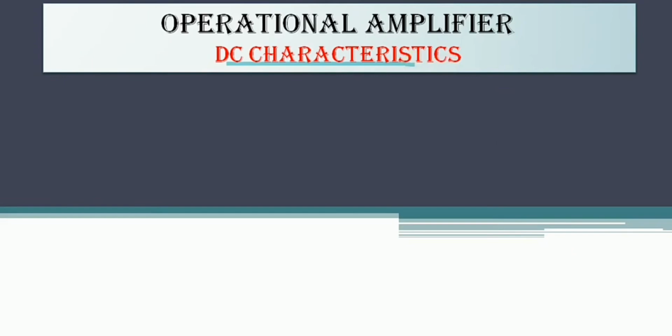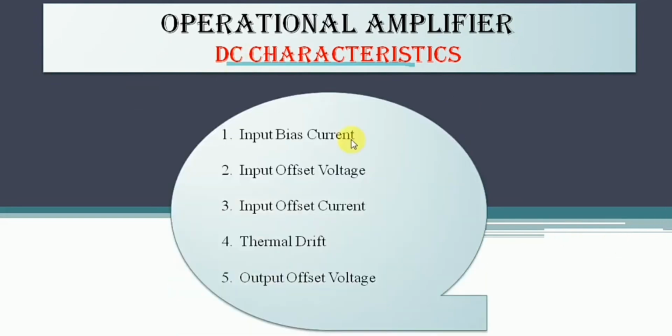And what are those parameters and how will they depend on the DC signal? Those parameters are input bias current, input offset voltage, input offset current, thermal drift, and output offset voltage.